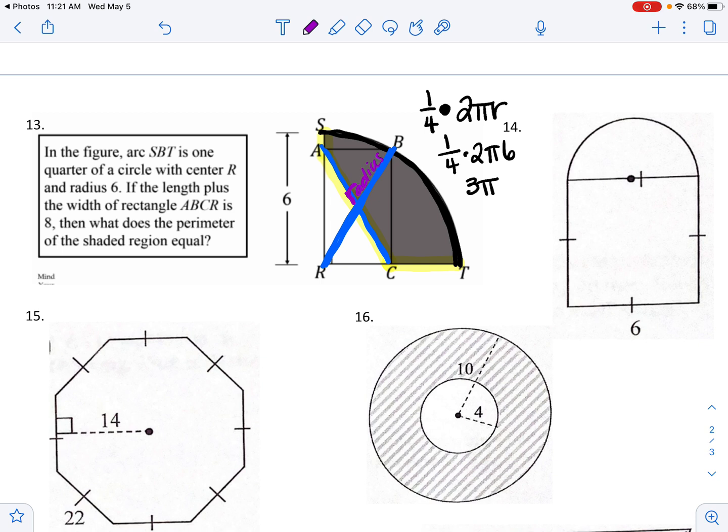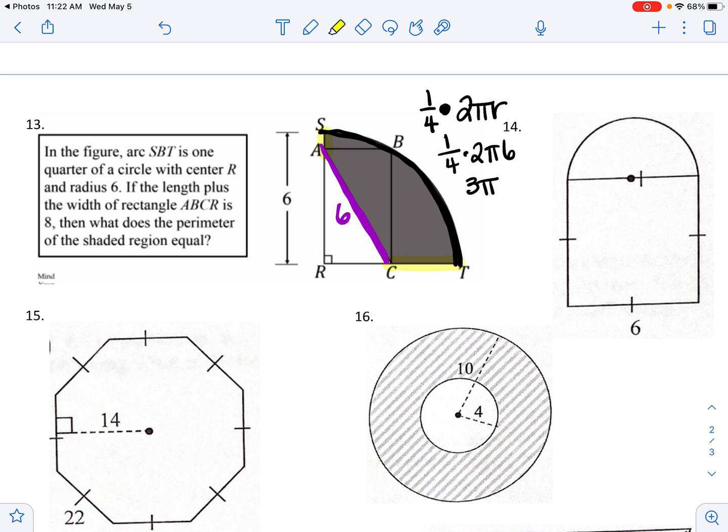So that diagonal RB is going to be the radius of the circle, which is 6. That means that diagonal AC is also 6. Now it says the length plus the width is equal to 8.